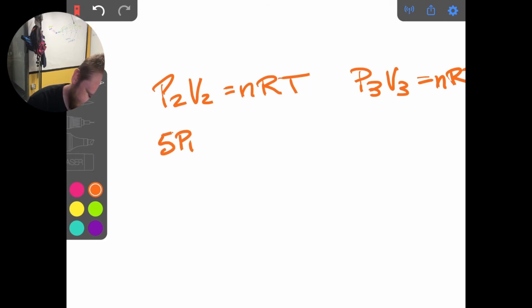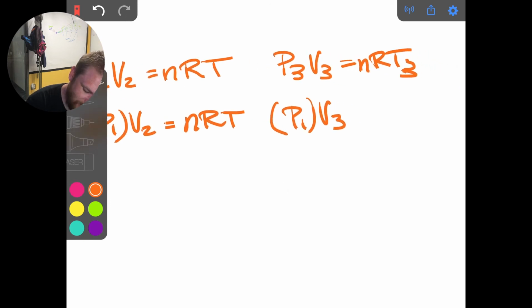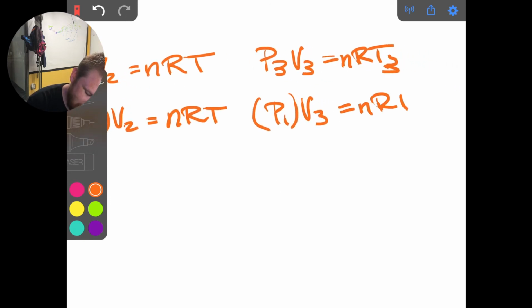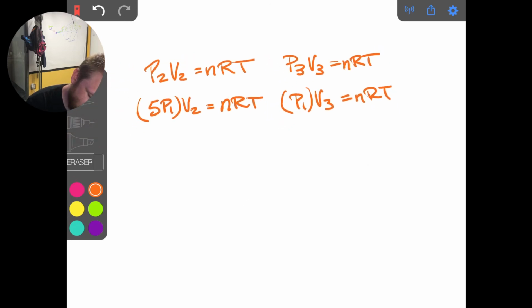So this is going to be 5 P1 times V2 is equal to nRT, and P3 is just P1 times V3 is equal to nRT. Great. Now we're in a good position to put everything that doesn't have a subscript on one side of the equal sign because it's already been done for us. nRT shows up on the right-hand side of both of these.